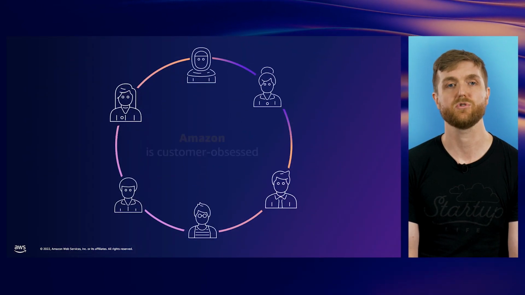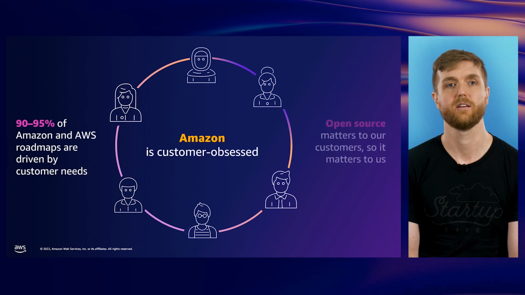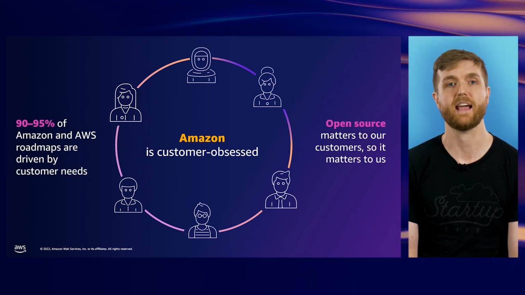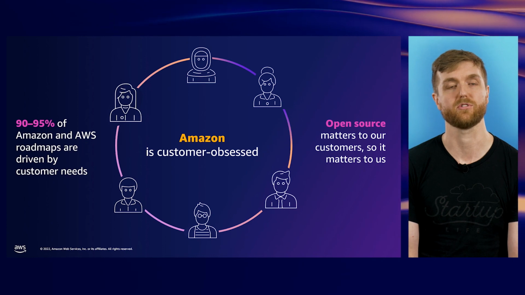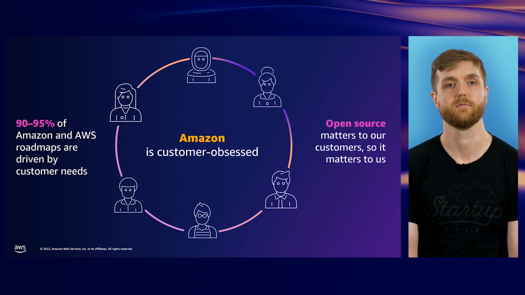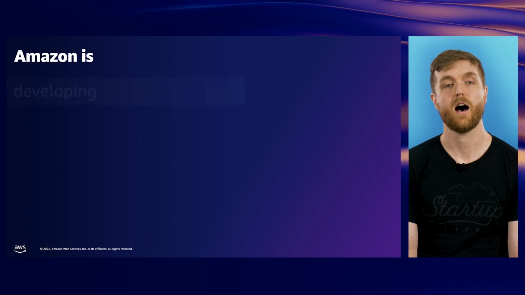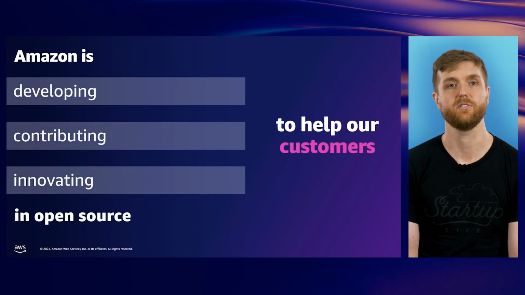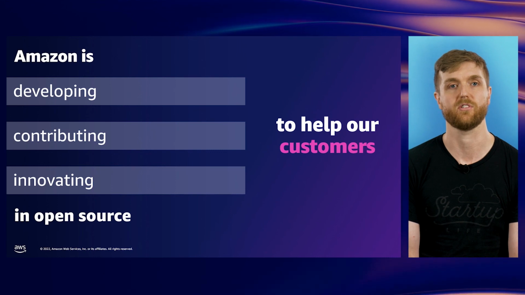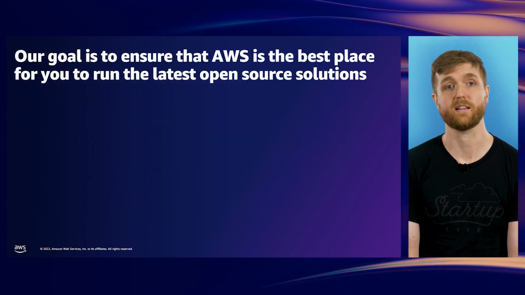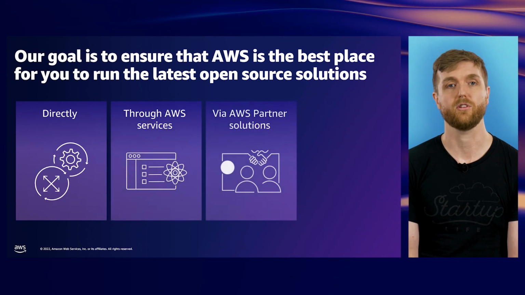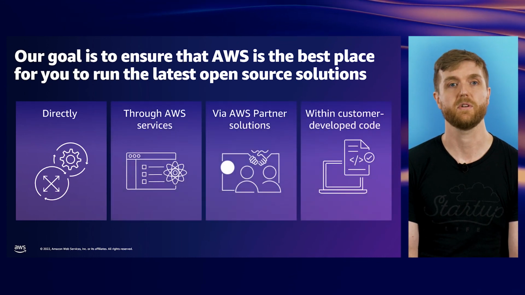Amazon is constantly pushing forward in the open source space, and we actively contribute to open source projects and maintain a presence in a number of open source communities, such as GitHub. Our goal is to ensure that AWS is the best place for our customers to run the latest open source solutions, whether that is directly, through AWS services, via partner solutions, or within customer developed code.